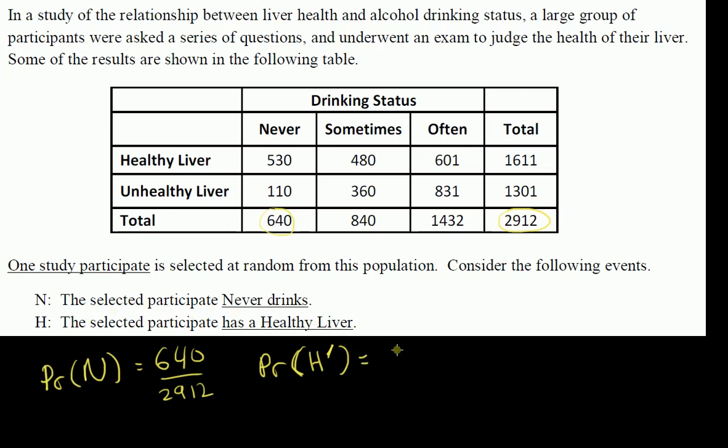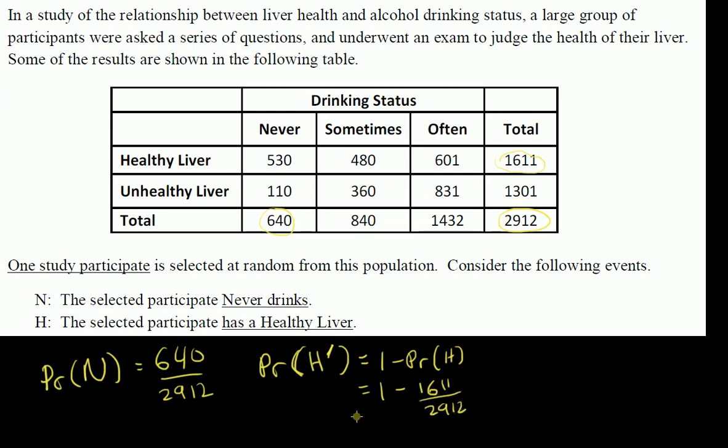The way we could figure this out is we could do 1 minus the probability of H. So this would be 1 minus the probability of H, how many people have a healthy liver, total number of people with healthy livers, 1611 over 2912.